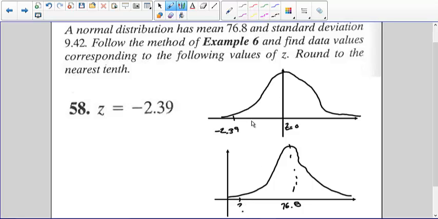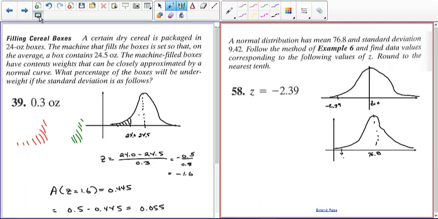So what are we going to do here? Actually, I don't think we even have to use the tables to solve this problem. So let's write, what is the definition of z-score?